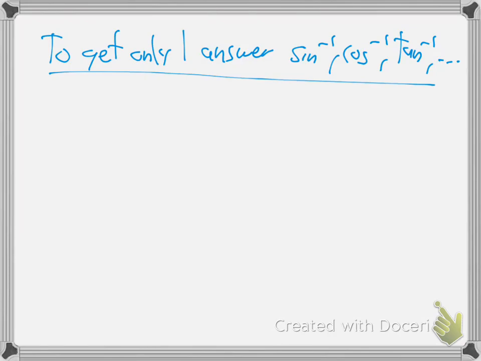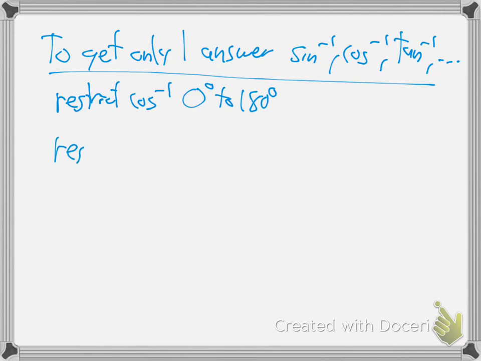To make that not happen, so there's only one answer from these questions, what they do is they restrict cosine inverse to be 0 to 180, and let me draw a little picture to help you remember that. On the unit circle, that means from here to here for cosine inverse.